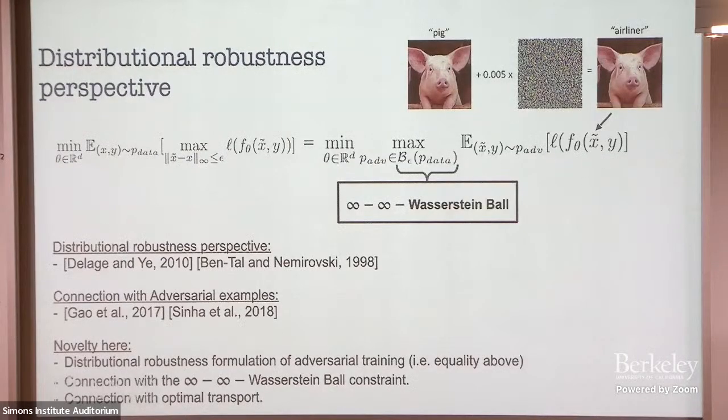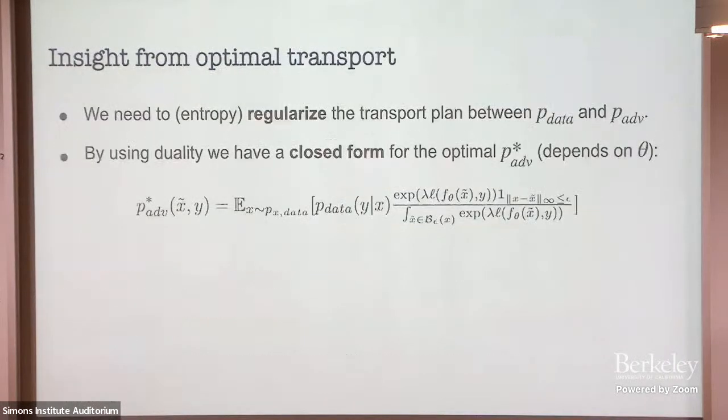So when we solve this maximization with an entropic regularizer, we get this closed form. What it says roughly is that the density at an adversarial example is proportional to exponential lambda times the value of the loss. So the higher the value of the loss, the higher the density of the adversarial distribution at that point. So it makes sense.